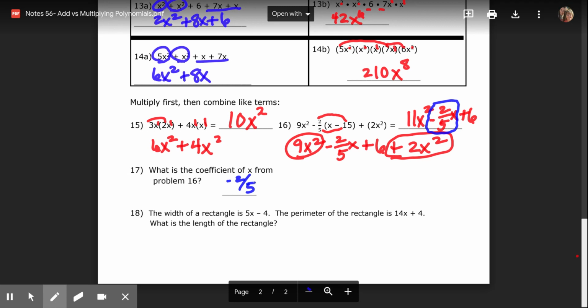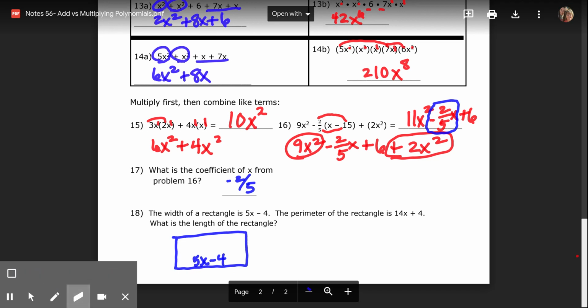The width of a rectangle is 5x minus 4. Oh, I am such a visual person. I am going to draw out this rectangle. So the width is 5x minus 4. The perimeter of the rectangle is 14x plus 4. What is the length? Oh, you know what? I kind of redid this.